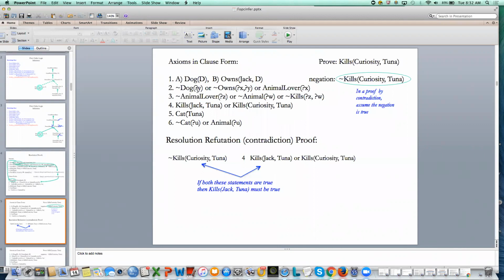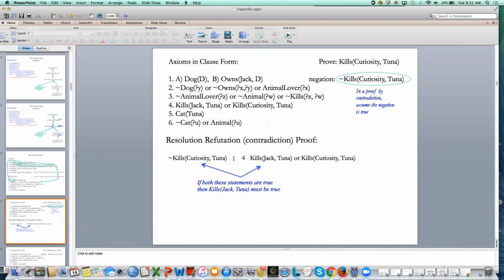Otherwise, if there was already a way to demonstrate a contradiction within a set of axioms or a knowledge base, this method of proof is useless. Any method of proof would be useless in that case. So the assumption is that before adding that negated statement, the set of axioms are consistent. There's no internal contradiction within them.